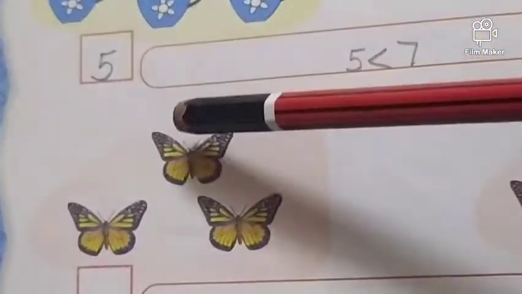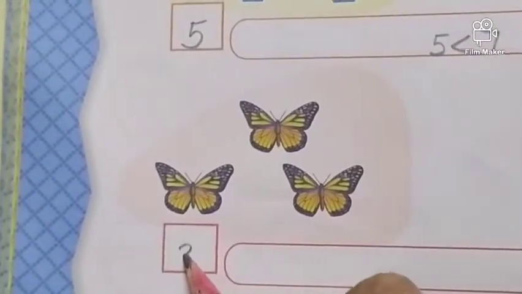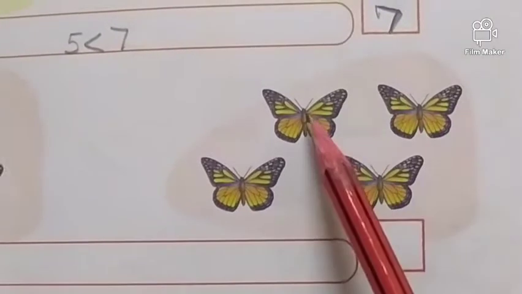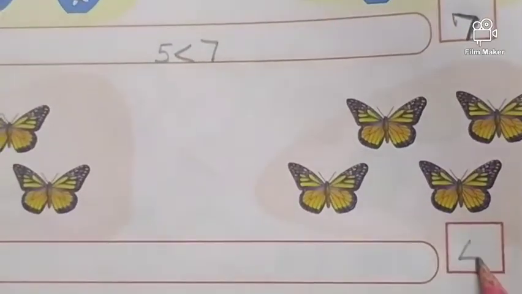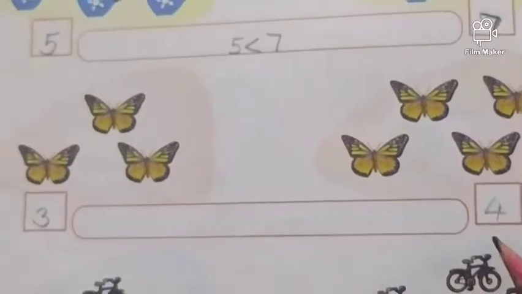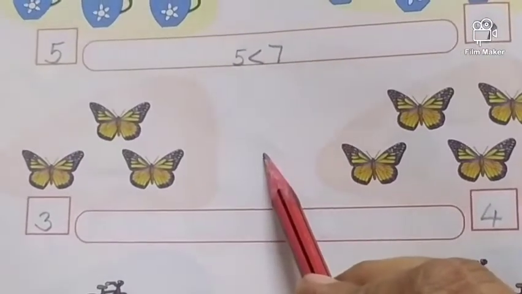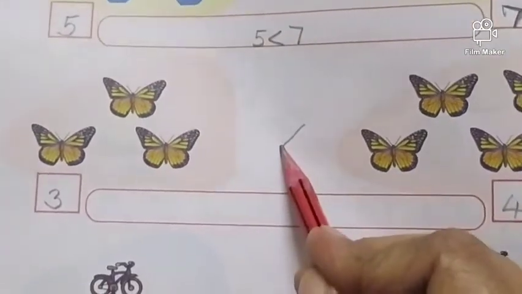Now count the butterflies. 1, 2, 3. 3 cute butterflies. And what about this side? 1, 2, 3, 4. Oh, 4 butterflies are here. Now tell me which sign will come in between? Greater than? No, lesser than.